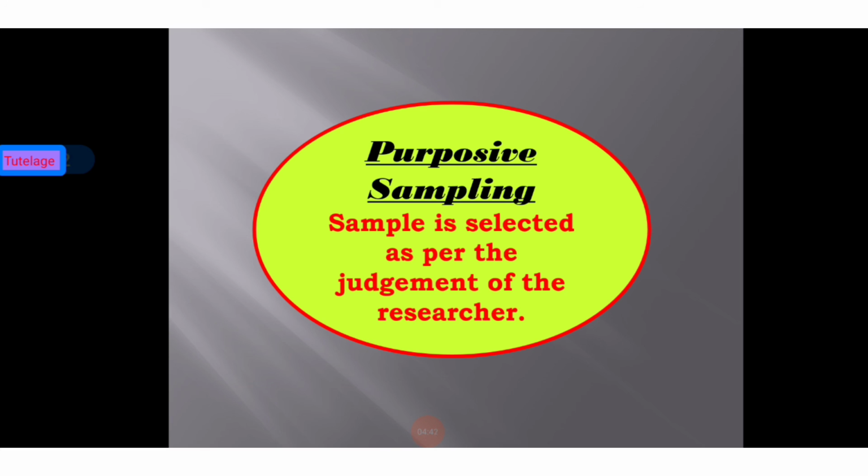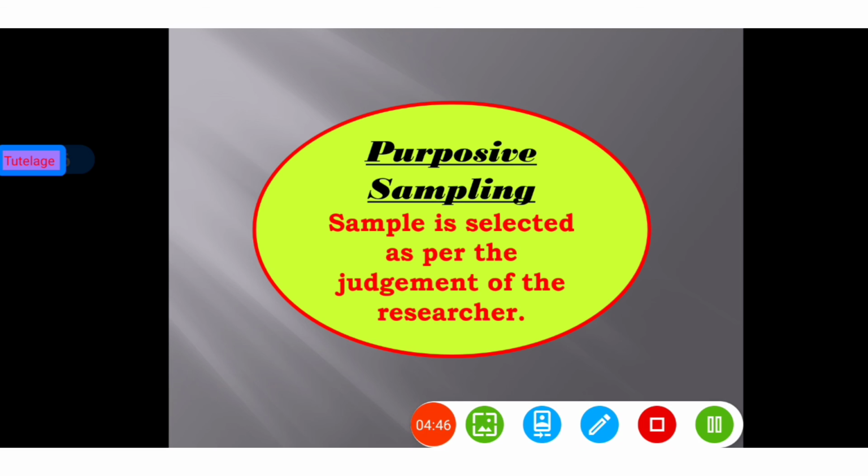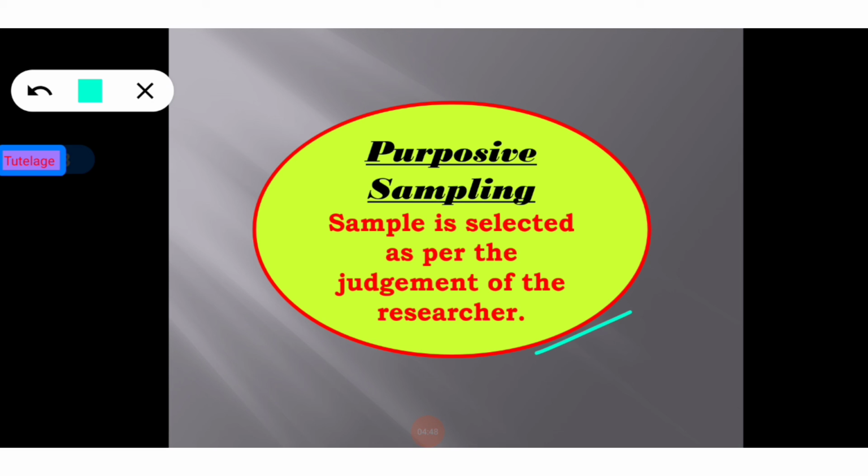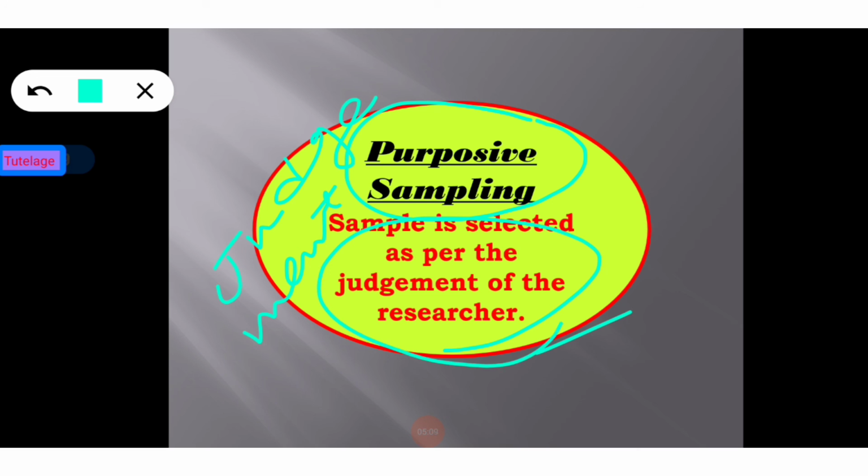And here purposive sampling is also under non-probability sampling. Another name for purposive sampling is judgment sampling. But why? Because in this sampling process, the sample is selected from the population as per the judgment of the researcher.